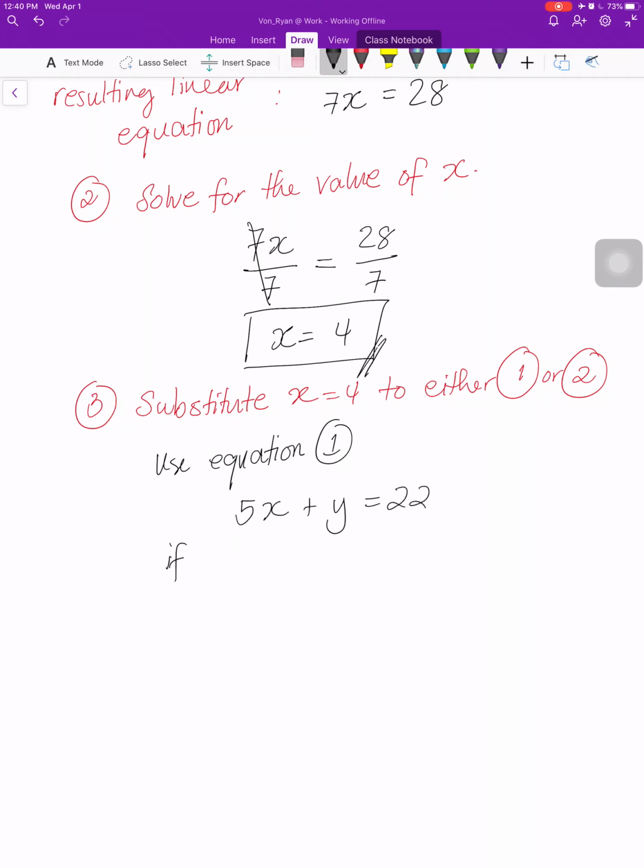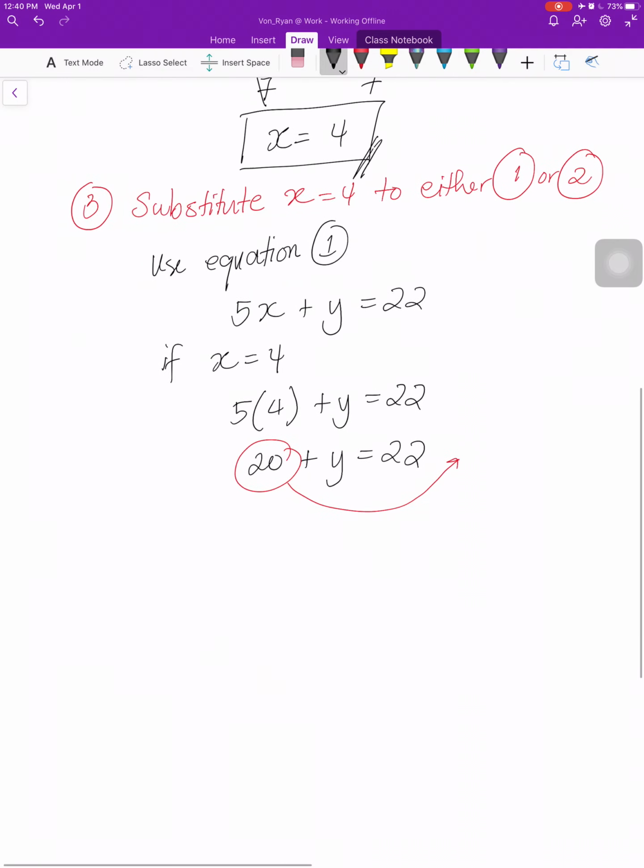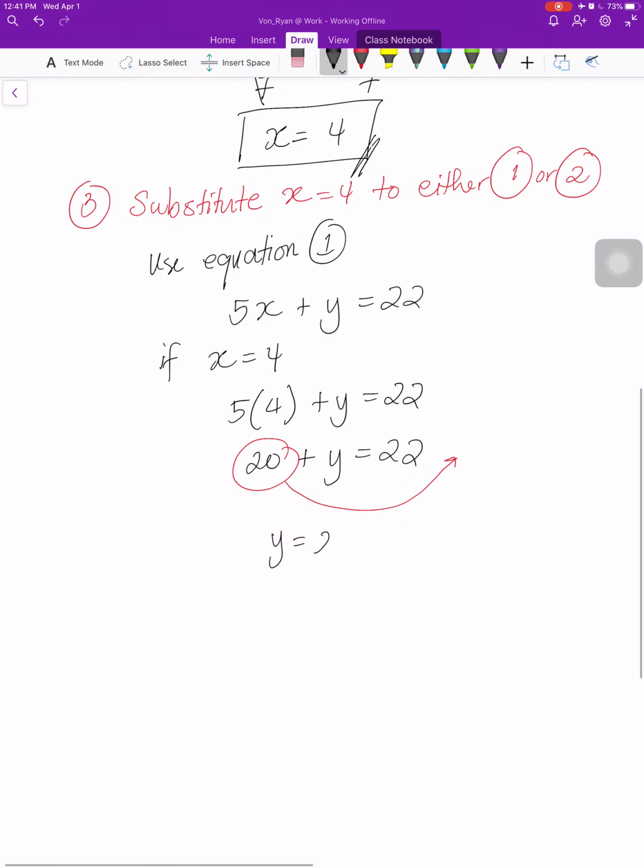Now if x is equal to 4, then 5 times 4 plus y equals 22. Therefore that's 20 plus y equals 22. Move 20 to the other side, so you will have y equals 22 minus 20, and y is equal to 2.